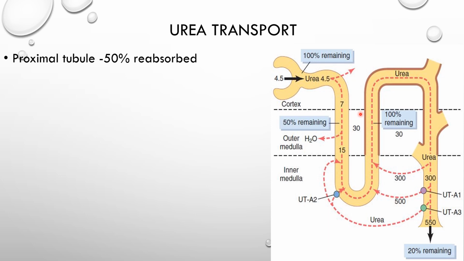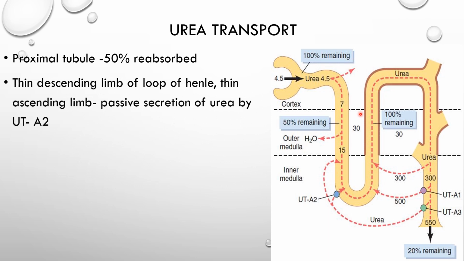Urea excretion is determined by two factors: one is the concentration of urea in the plasma, and the other is the glomerular filtration rate. In the proximal tubule, 50% of the urea gets reabsorbed and only 50% remains.